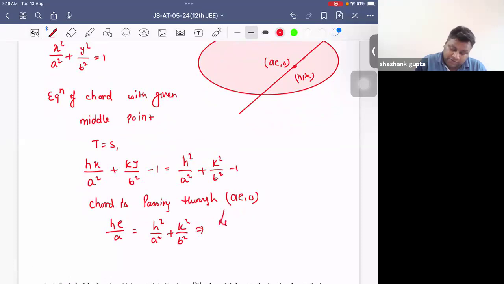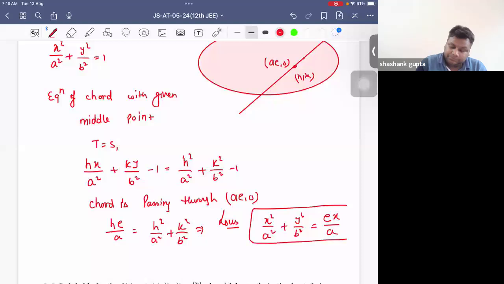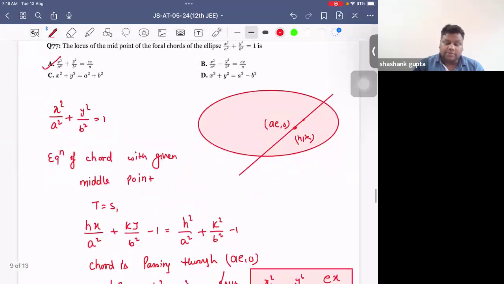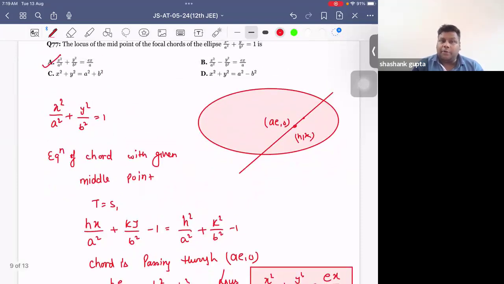So the locus will be x square upon a square plus y square upon b square equals ex upon a. That's it. Ex upon a is the correct answer. All right, nothing much to do. Write the chord with the given middle point, and make it pass through the focus because it is a focal chord.